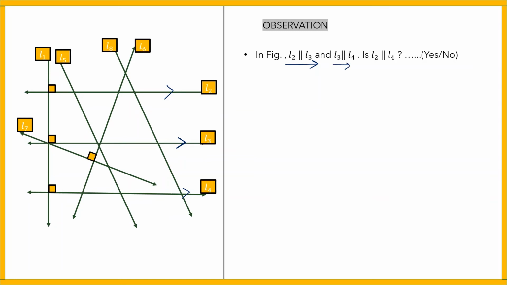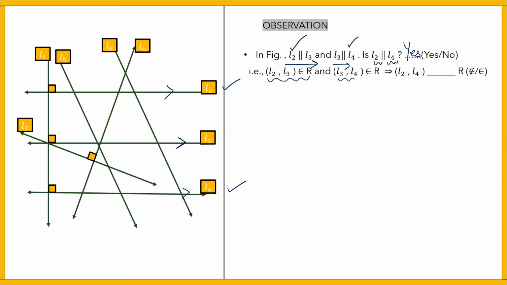Can you say that L2 and L4 are parallel? Yes, we can say that L2 and L4 are parallel. So L2 is related to L3, L3 is related to L4. This implies L2 is related with L4.